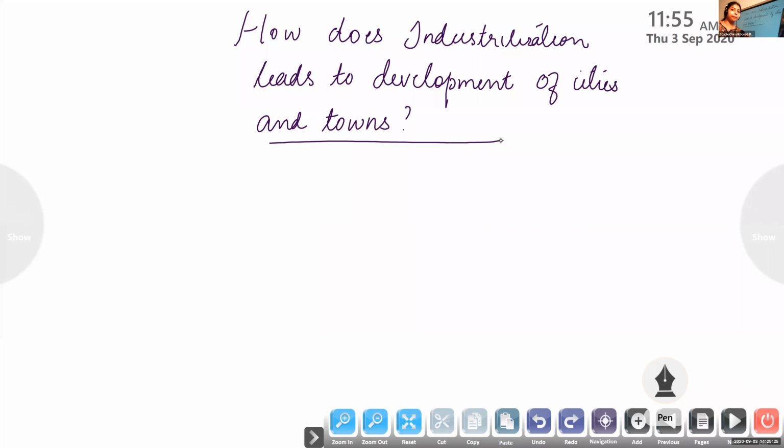Industrialization means development of industries in a country or in a region or in an area. Development of industries on a wide scale in a country, or in a region, in a place. Clear? Just imagine a new industry set up in your village. You are living in a village. A new industry came and exists in your village.